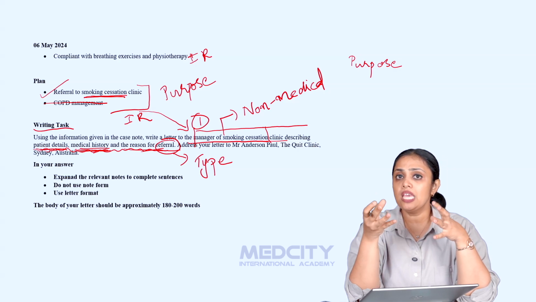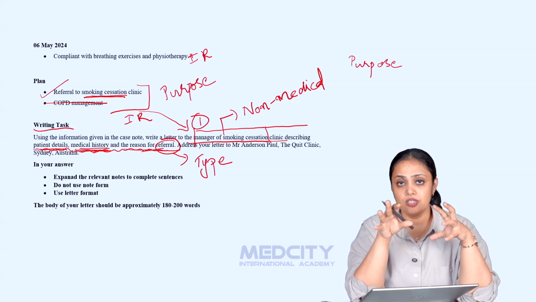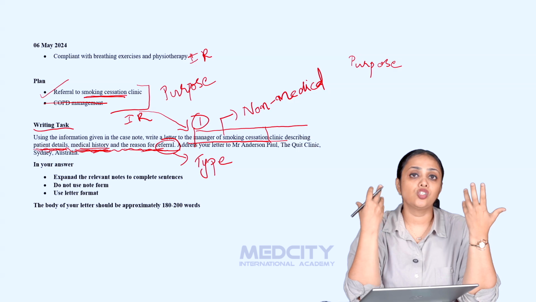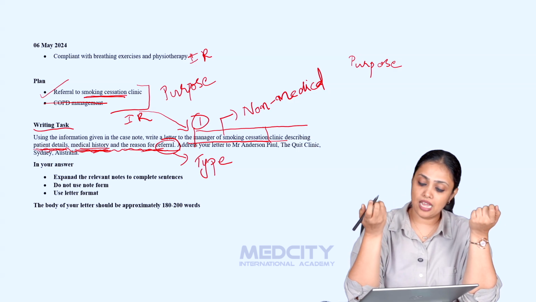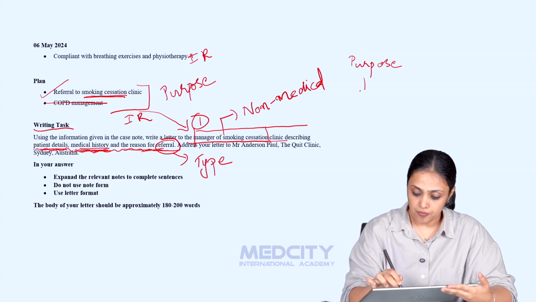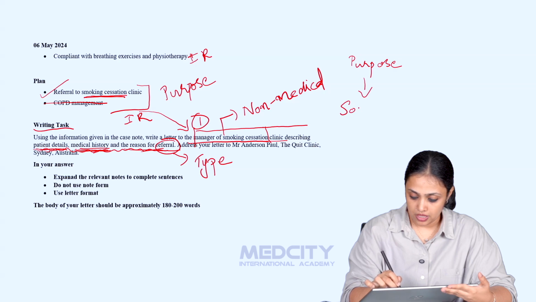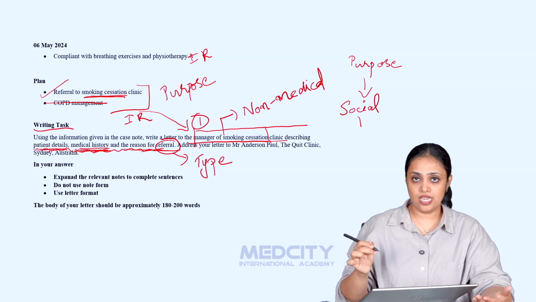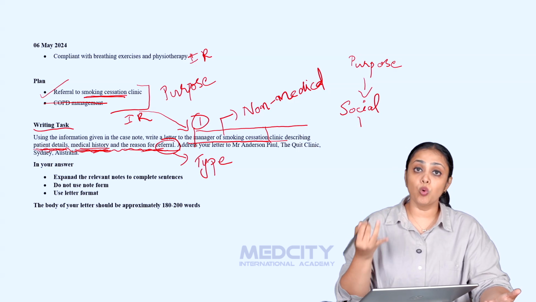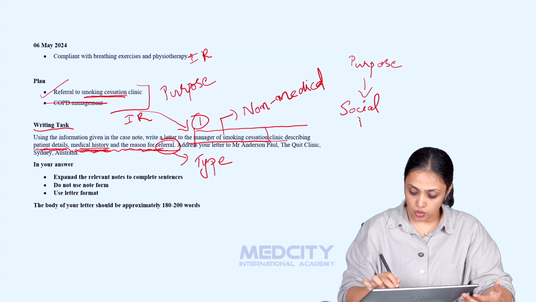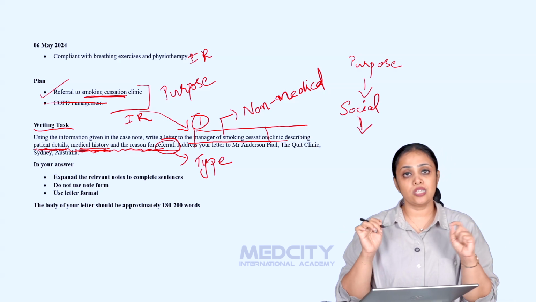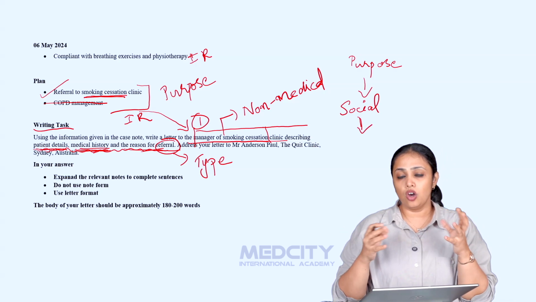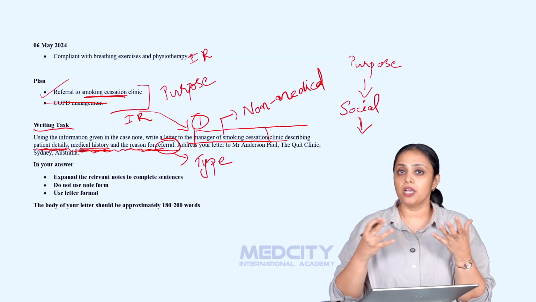The reader being a non-medical person, the director of a smoking cessation clinic, I would recommend you start with the social background, which is more important to the reader: his background and smoking-related habits. Then you can describe the medical condition which is caused or worsened by this habit.